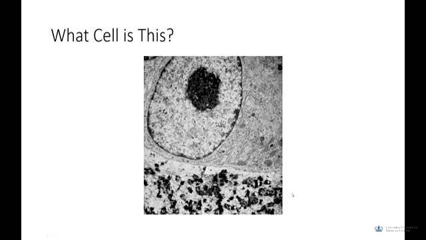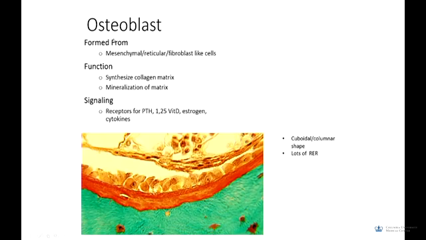This type of cell, you can see, has a lot of rough endoplasmic reticulum, some Golgi bodies, and these tiny little vesicles over here. So it's secreting a lot of stuff. And this is an osteoblast. These are formed from mesenchymal cells. Mesenchymal cells are a type of stem cell that can form into almost anything.